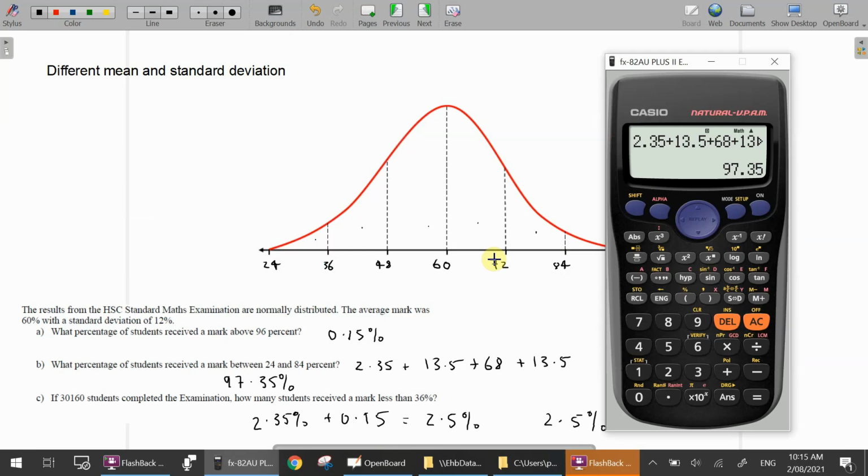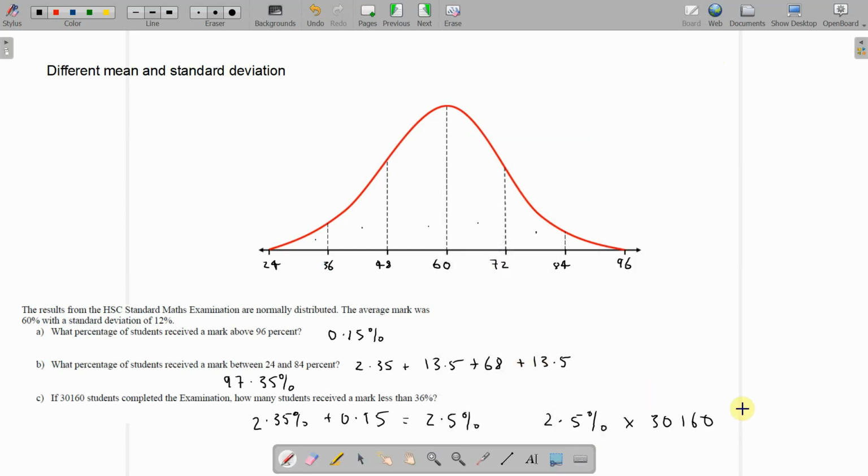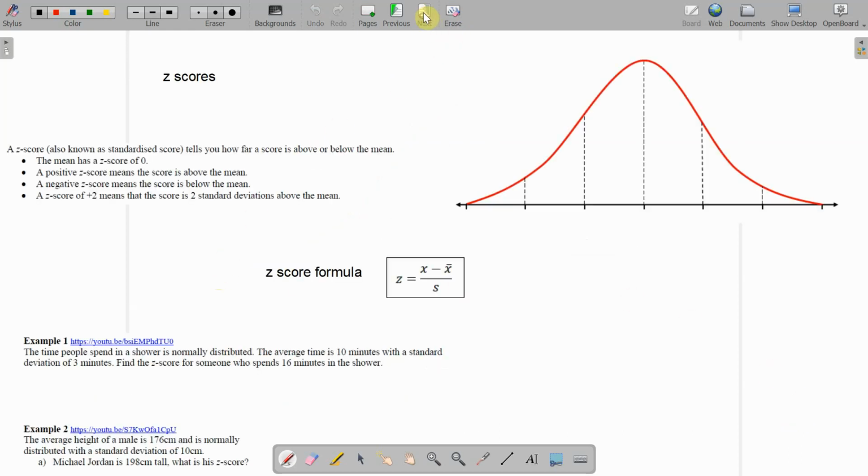What's that give us? Times 30,160. Only 754 equals 754. Answer. Okay, there's our answer for that page.